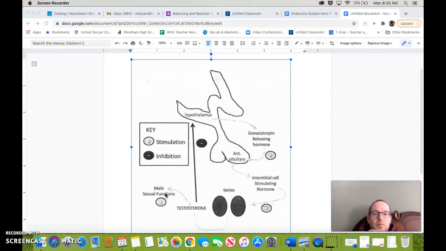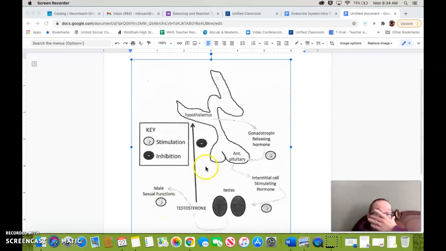And so up until this point, these light-colored arrows represent stimulation. So the hypothalamus releases GnRH, which stimulates the anterior pituitary to release ICSH, or LH again, and this hormone stimulates the testes to secrete testosterone. Testosterone, in turn, stimulates the development of secondary sex characteristics in males.